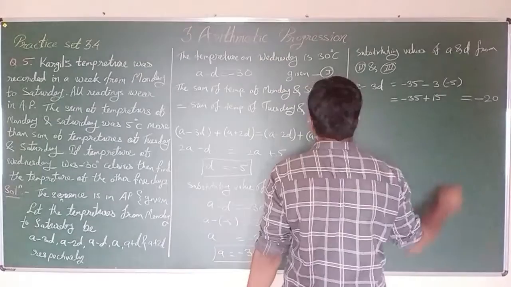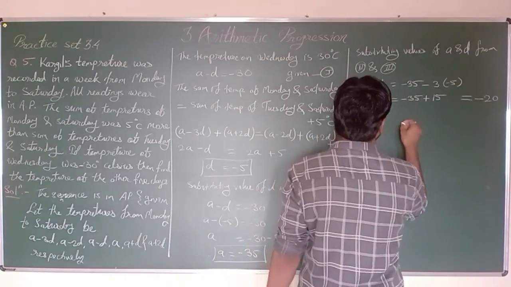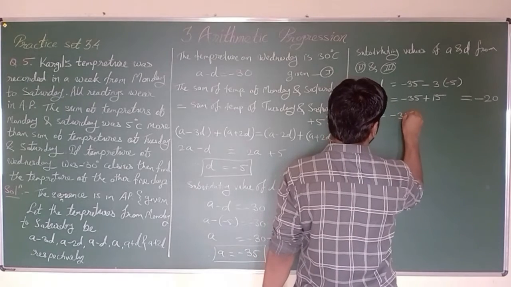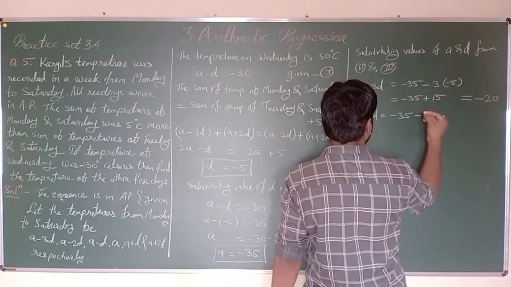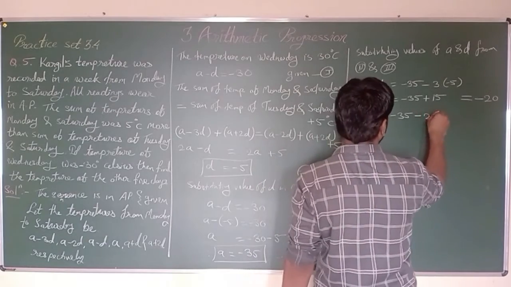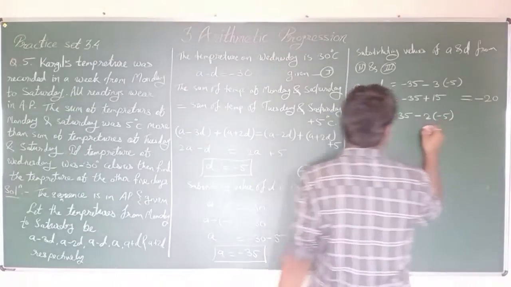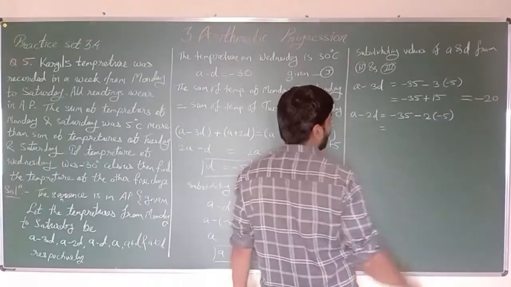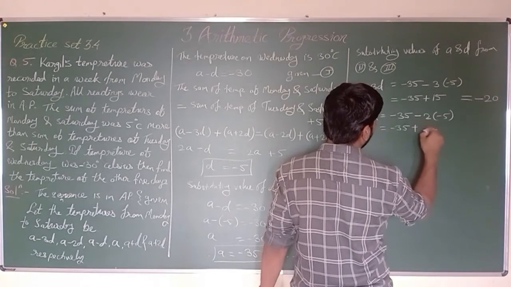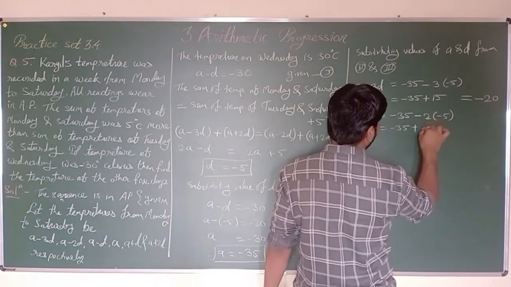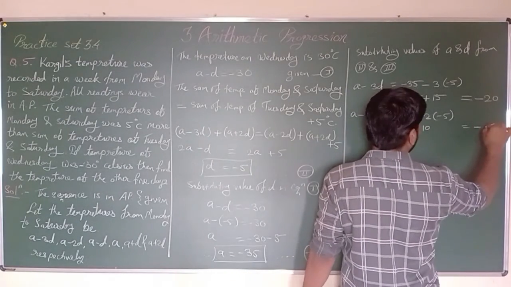The temperature on Tuesday, that is a minus 2d, will be equal to negative 35 minus twice the common difference, that is negative 5. So this will be equal to negative 35, negative into negative will become positive, 2 fives are 10, is equal to negative 25.